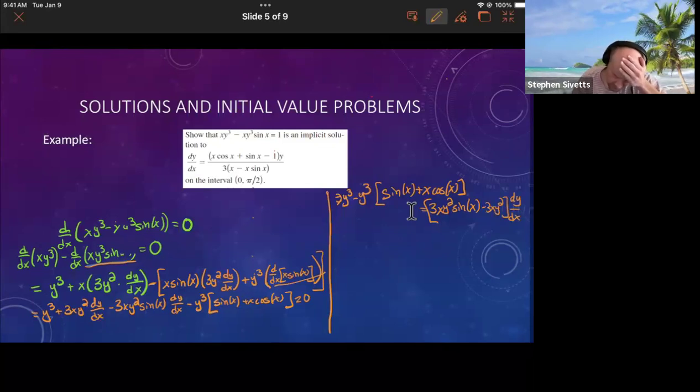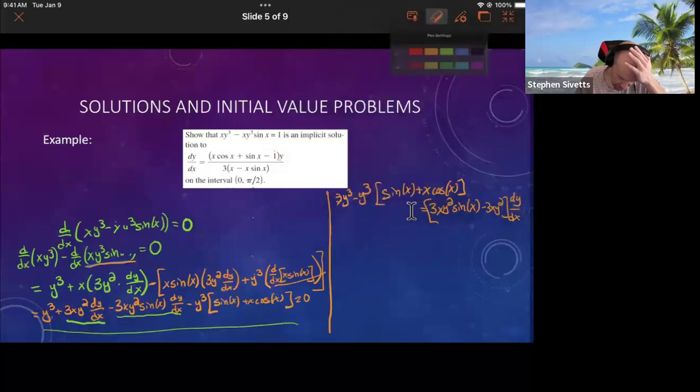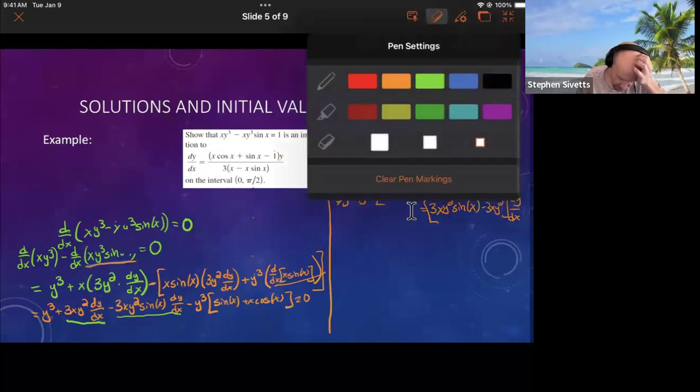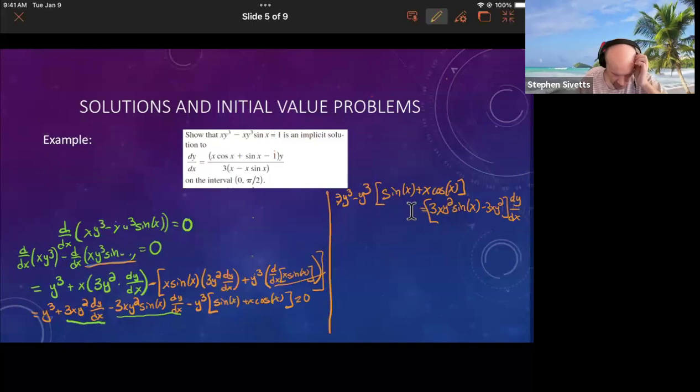So that is, if you want to combine like terms, right? We have this dy/dx term over here and this dy/dx term over here. And since this whole expression equals 0, we can just gather all the dy/dx terms on one side of the equation, and then all the other terms on the other side.